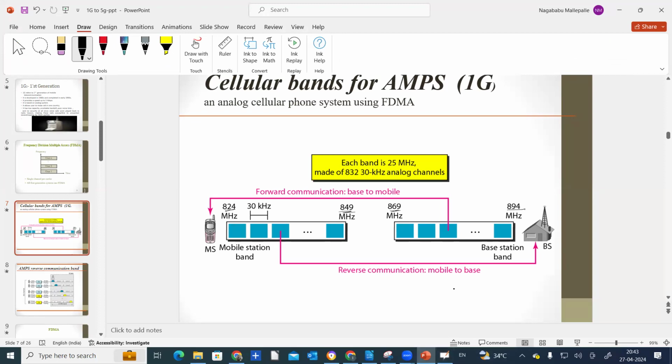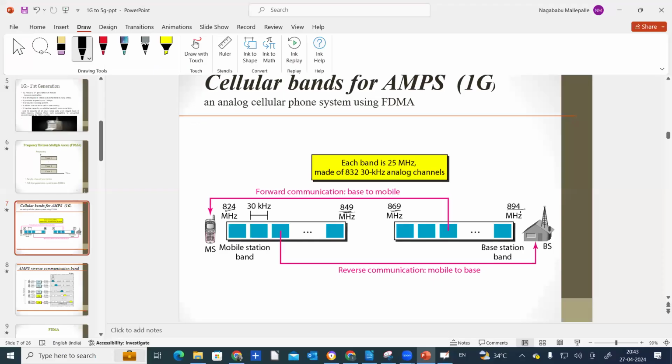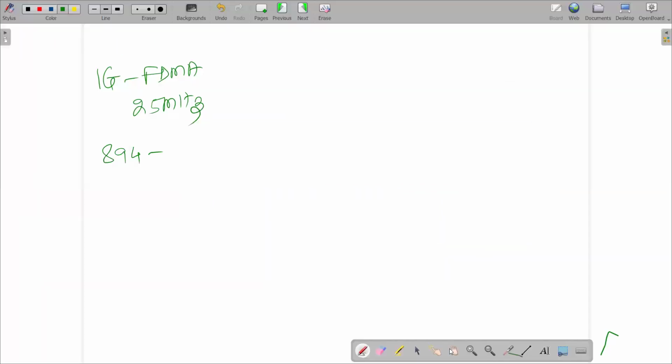Higher frequency minus lower frequency, 894 minus 869, how much bandwidth will it be? 25 megahertz, right?